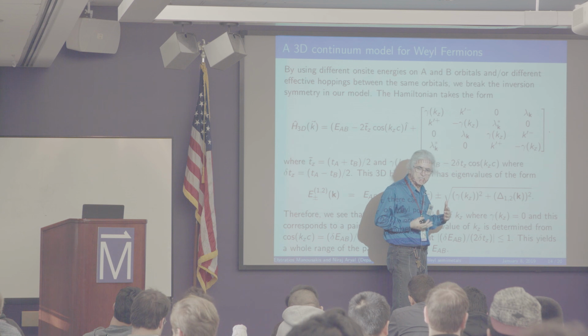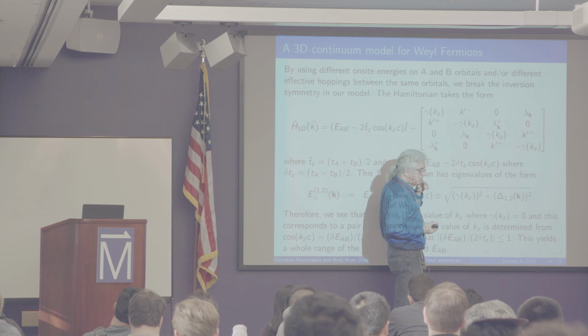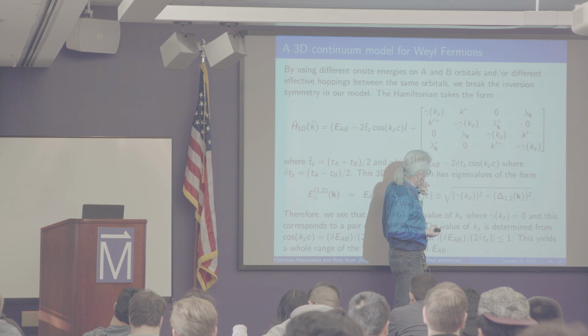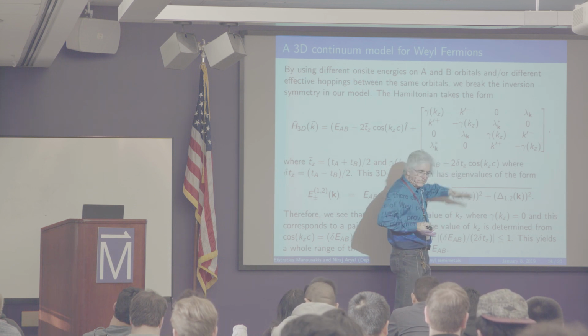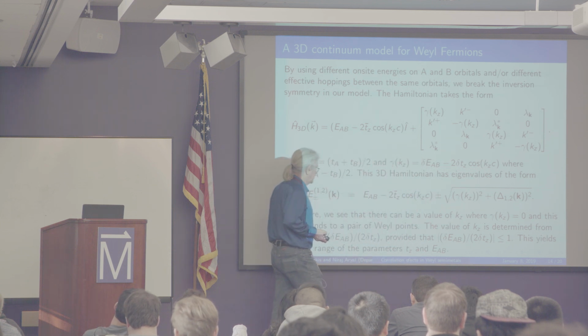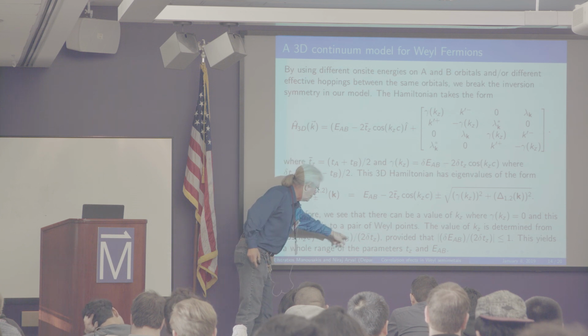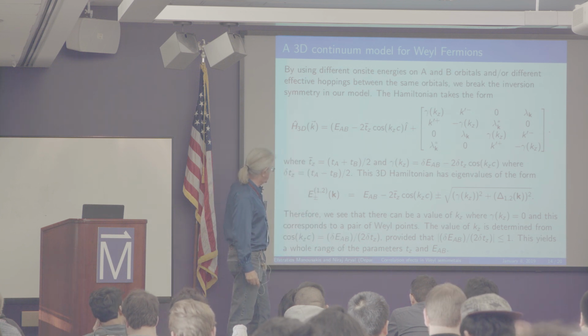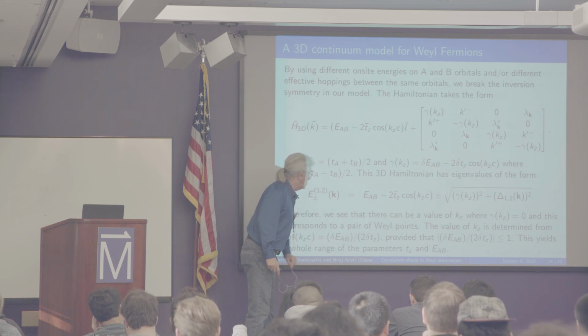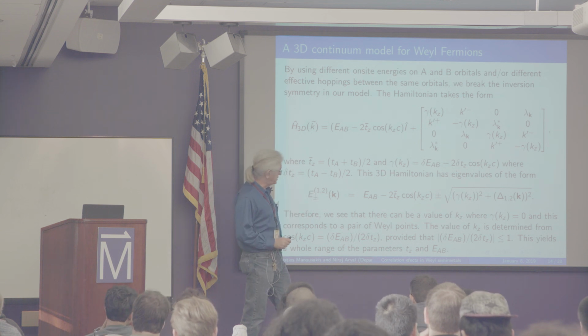This change between A and B in energy is bounded within the bandwidth of my kz-dependent band, so that this can happen. So I have some kz value provided that this ratio is bounded by 1 and minus 1. And so there is a window where the Weyl points survive.